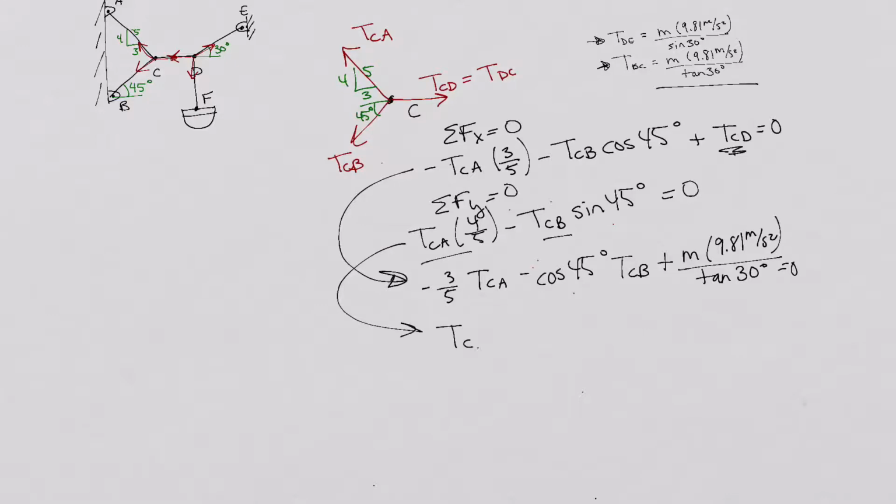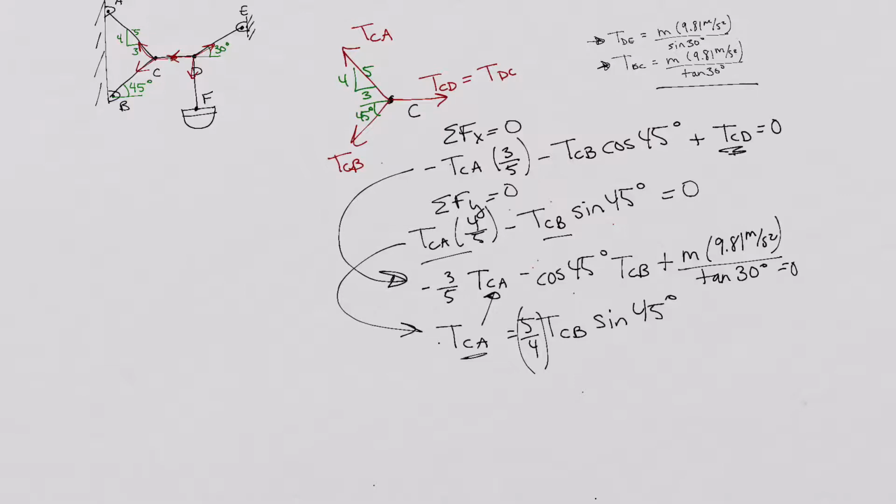So TCA is going to equal TCB sine of 45 degrees times 5 over 4. So I can plug this value up into that one. Sorry about all the arrows.